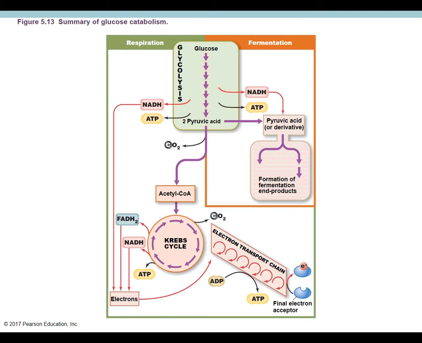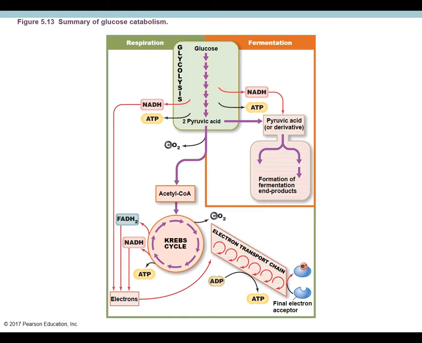And then at that point, the pyruvic acid will either be fermented, or the pyruvic acid will go into a respiration pathway like the Krebs cycle. So the pyruvic acid is common to both fermentation and respiration.